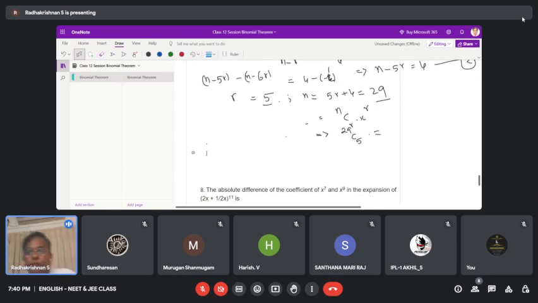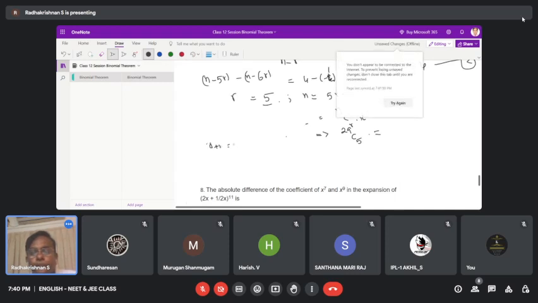So we need the coefficient of the fourth term. So r equal to 4. Okay. r plus 1 equal to 4. So T4 equal to 29C3.